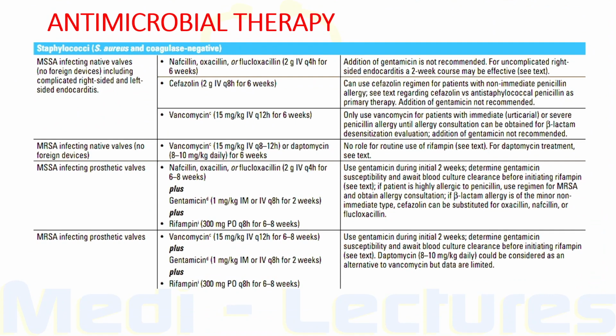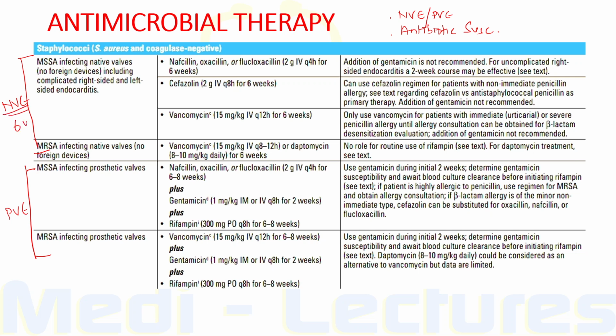Coming on to treatment of staphylococcus. Staphylococcus treatment depends on factors like whether there is presence of native valve or prosthetic valve, as well as antibiotic susceptibility. Accordingly, this can be divided into native valve endocarditis and prosthetic valve endocarditis. In these, there will be further MSSA, that is methicillin sensitive strains, and MRSA.